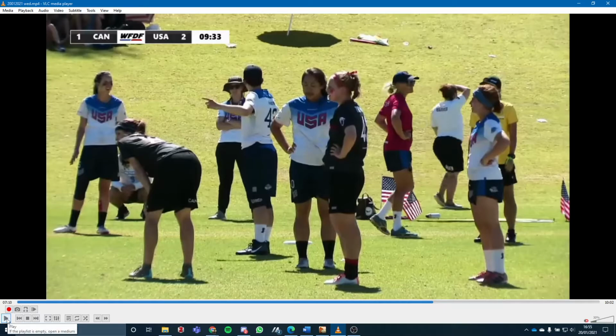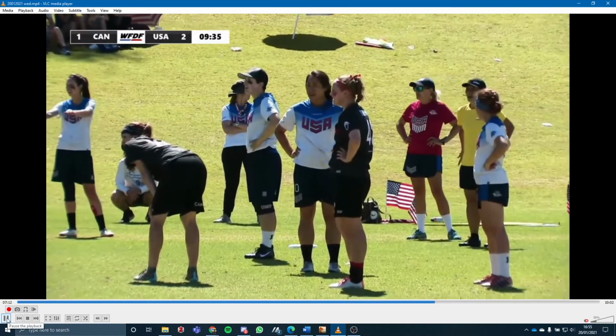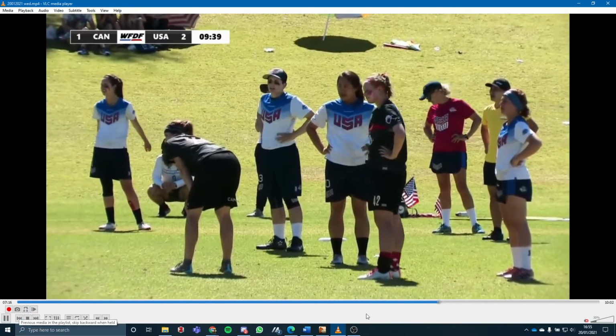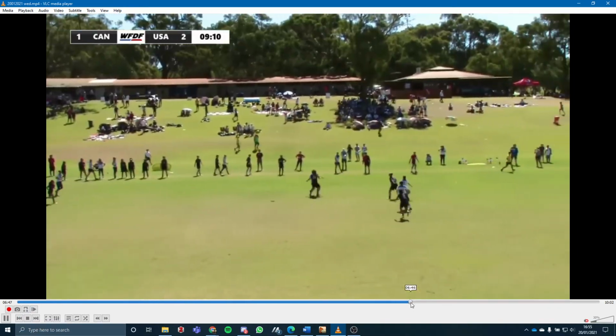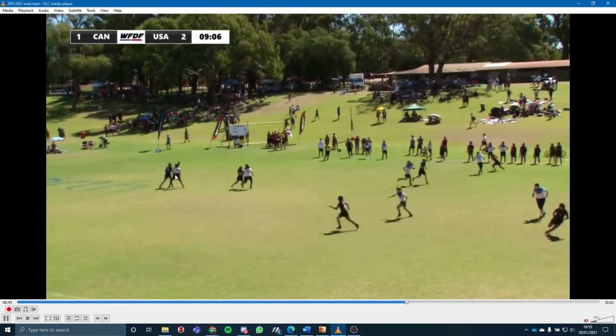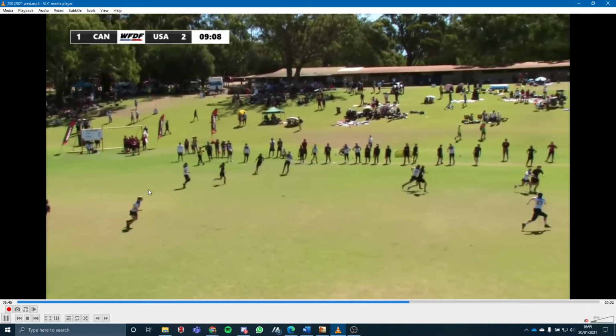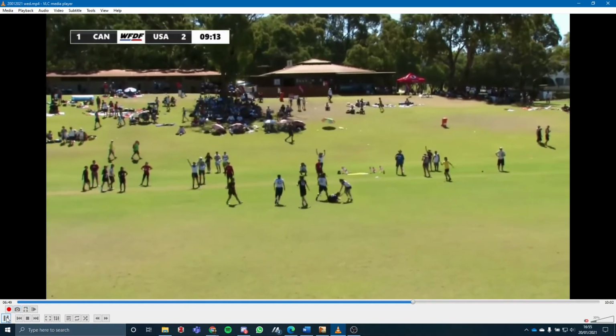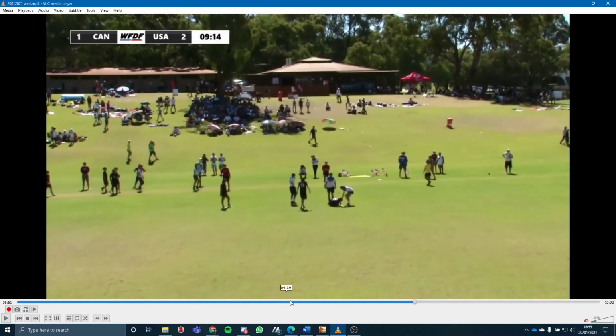Yeah, most definitely. So actually, the call that was made was a foul on the throw. So if we go back to the start of this clip, if I can find it. So this Canadian player called a foul on this throw. Can anybody tell me what the rule is if it is an uncontested foul on the throw?